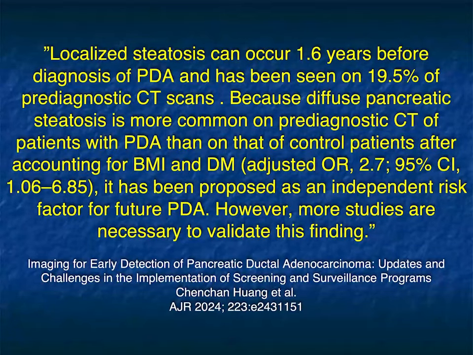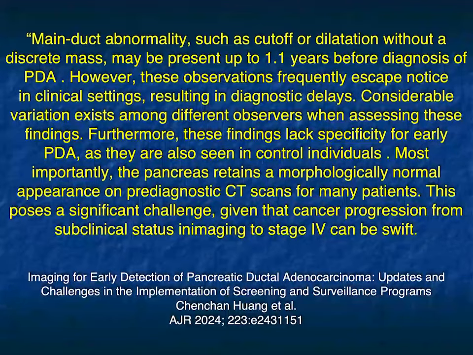We know, and in a sense, this gives us lots of hope, localized steatosis can occur 1.6 years before the diagnosis of pancreatic cancer. We know that main duct abnormality, I showed you an example at the start of this talk, such as cutoff or dilatation without a discrete mass, may present up to 1.1 years before diagnosis.